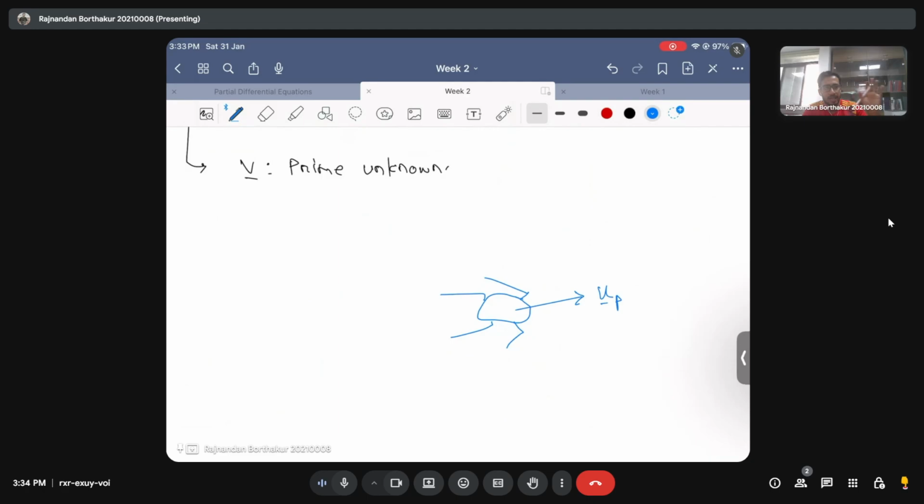We'll not consider the angular velocity now. Let's just consider that it possesses linear velocity, and it is moving through, let's say, a stationary fluid. So this is the actual scenario that is happening.